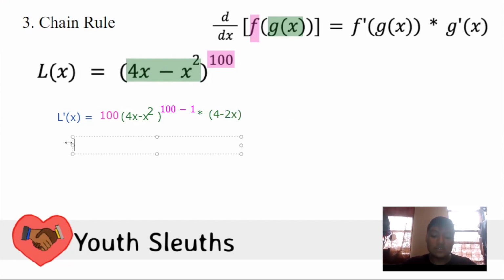Now, there's a few simplifications that we could do. If we remember, the constant remains in the front, which we already have. So we just leave the 100 there.